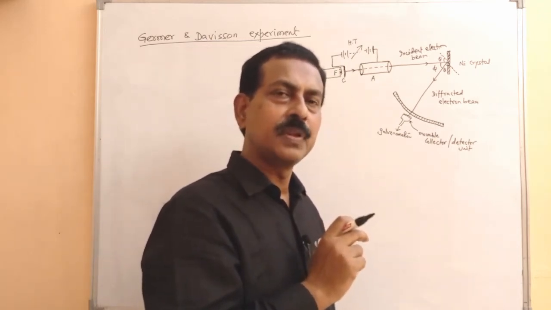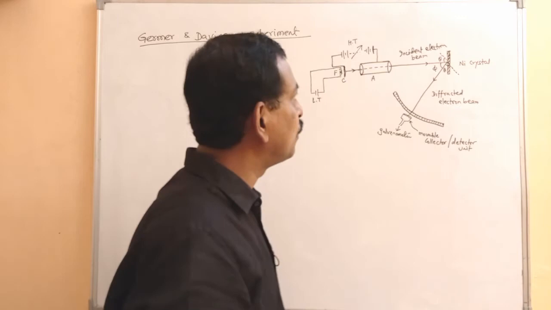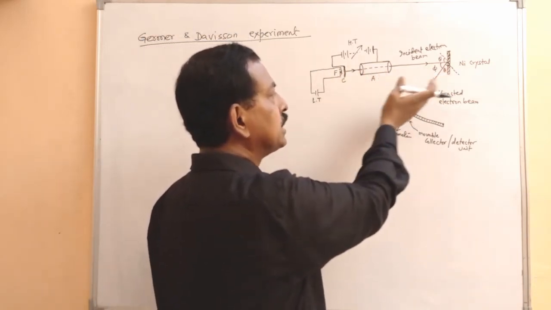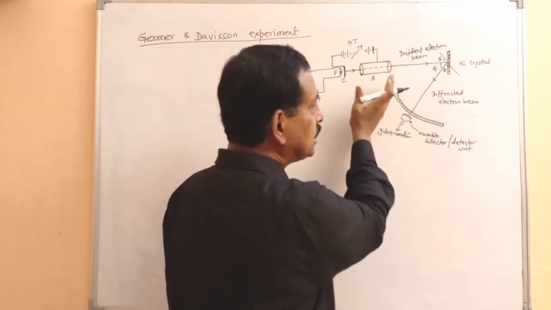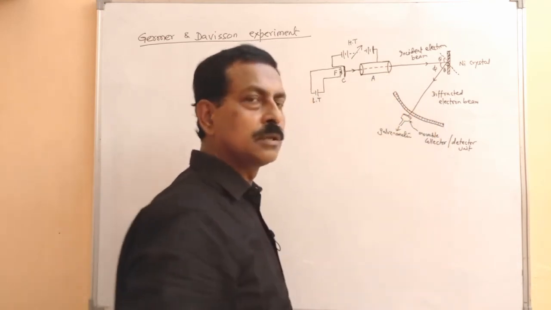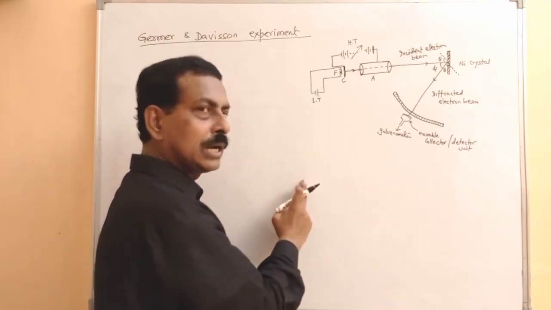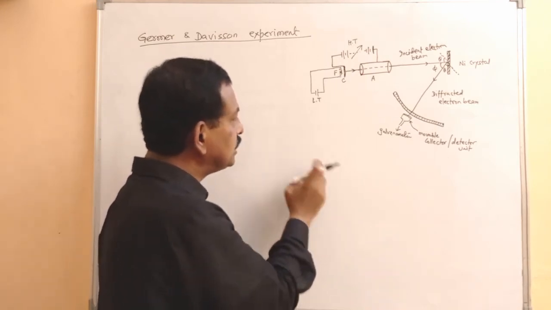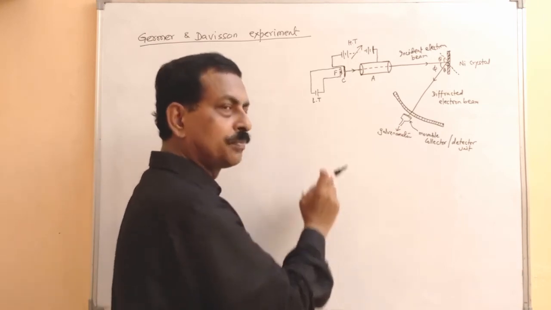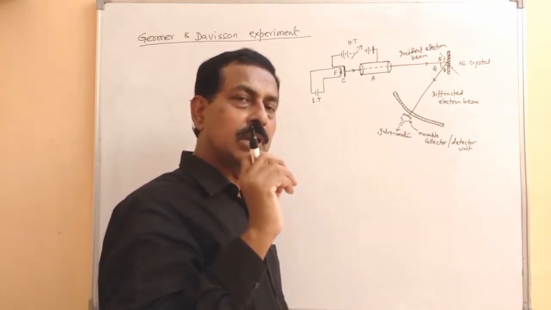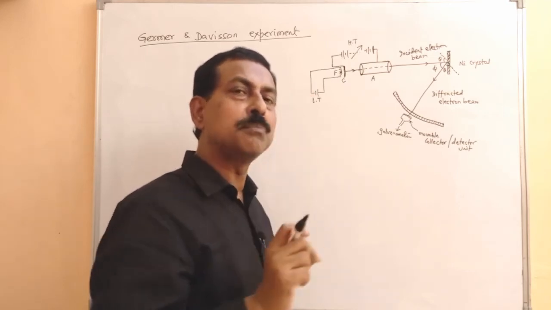Let's see how we get that, because if it is going at different oscillating voltage and we are measuring its intensity at different positions, we find that at a particular angle the intensity has a higher value. But at a particular voltage of 54 volt, there is a sharp peak.